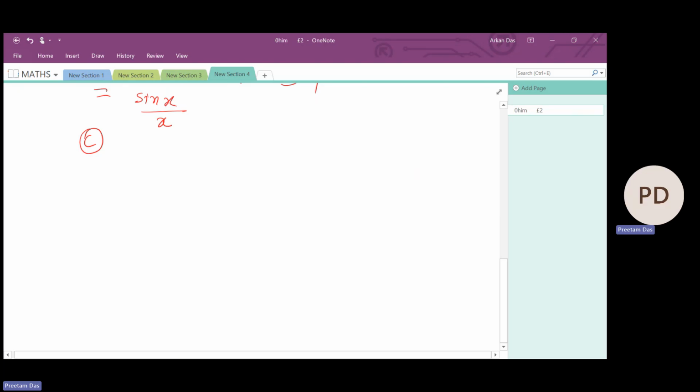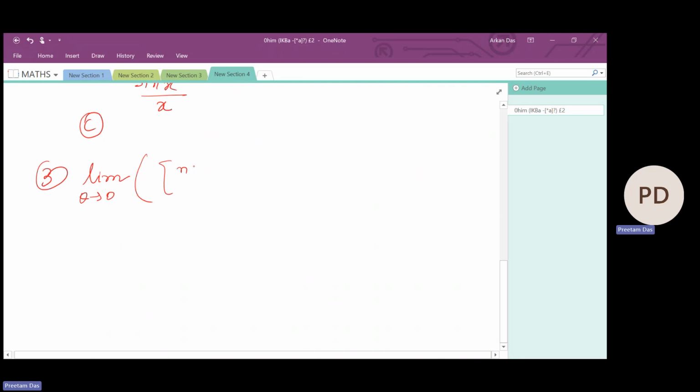In the next one, they are asking you a limit again related to greatest integer. Third question. So limit theta tends to 0 of greatest integer of n times sine theta over theta, and n times tan theta over theta.